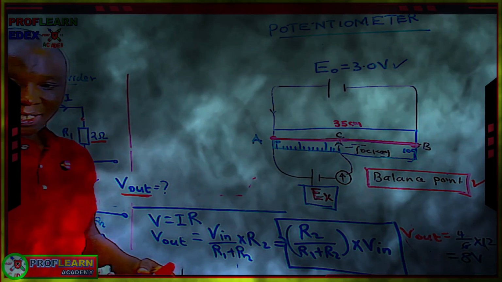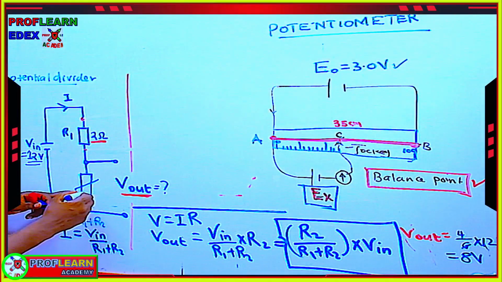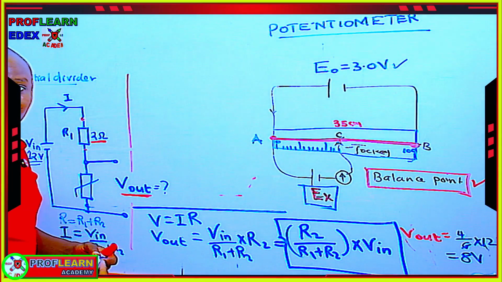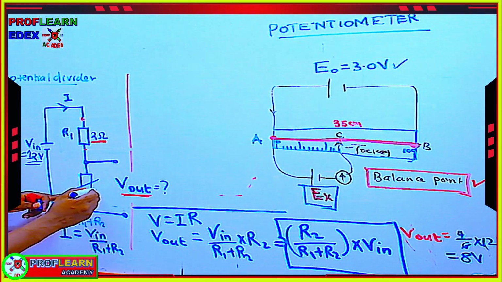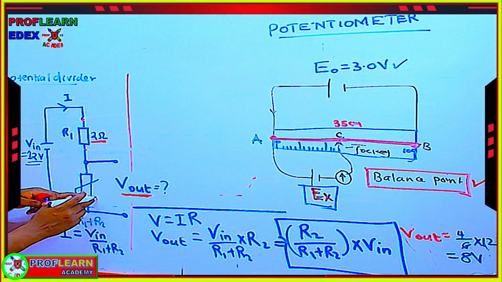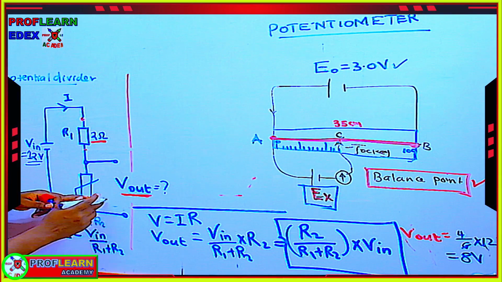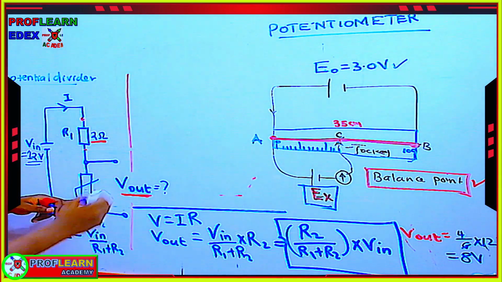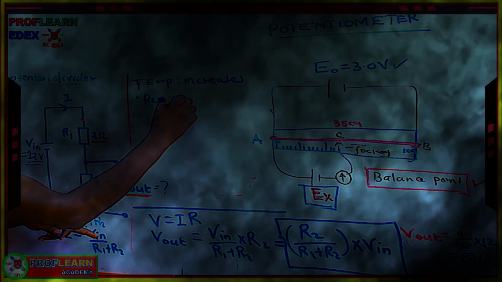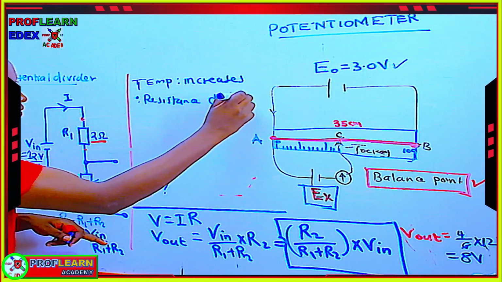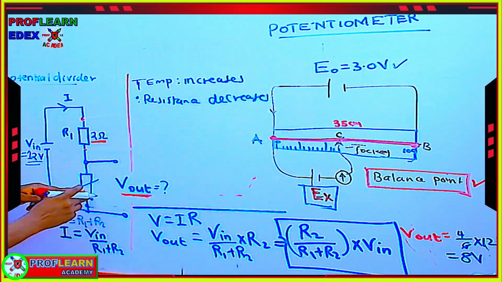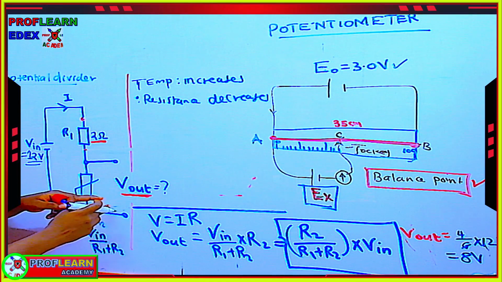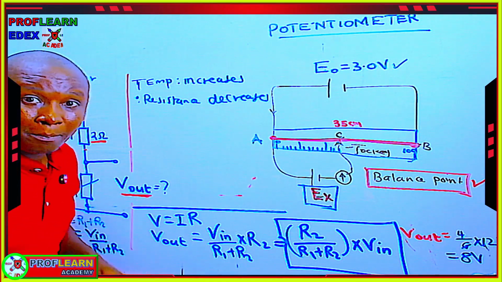So we shall say the thermistor is a type of resistor whose resistance depends on the temperature. So if the temperature of the surrounding increases, how is it going to affect the V out? We know that if temperature decreases, so if resistance decreases, then the V out will be smaller.